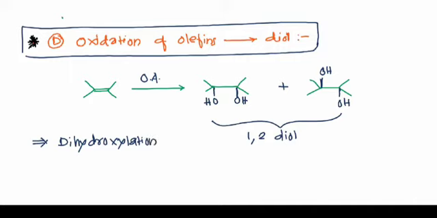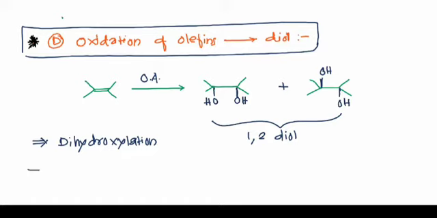So here olefin is oxidized with the help of an oxidizing agent, and that forms the diol. The diol is also called a glycol, and based on the position of the two OH groups, we are going to classify it.